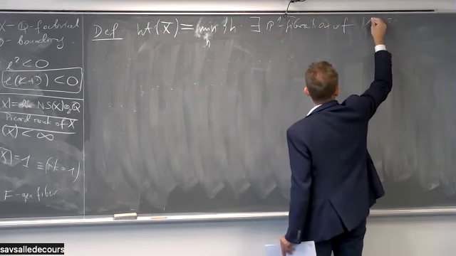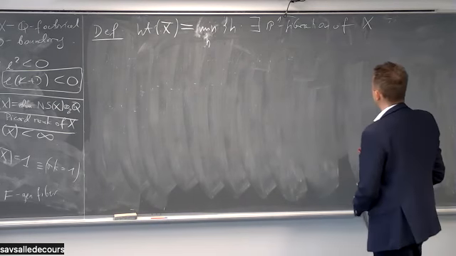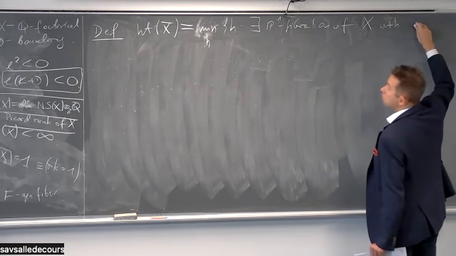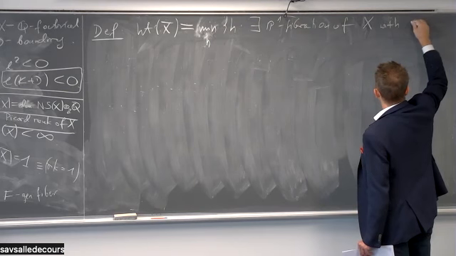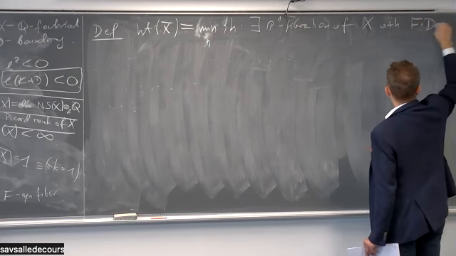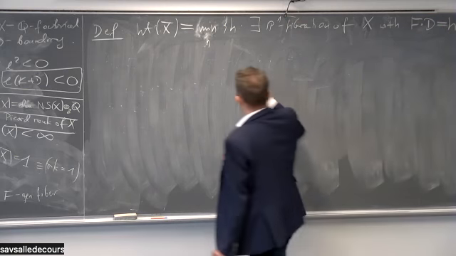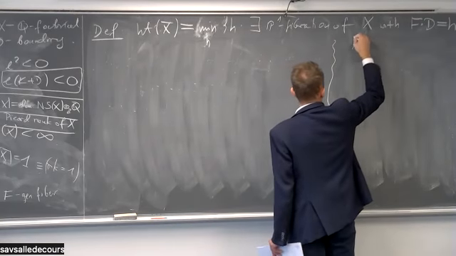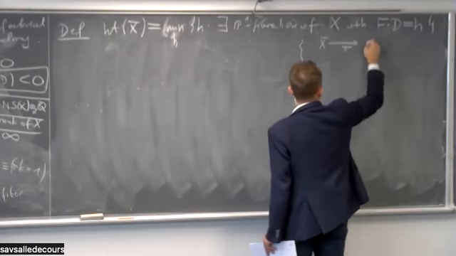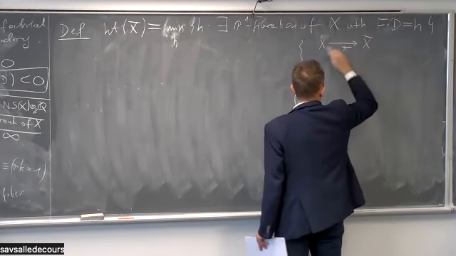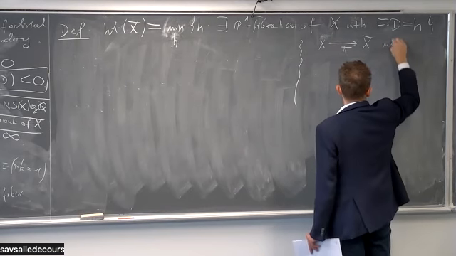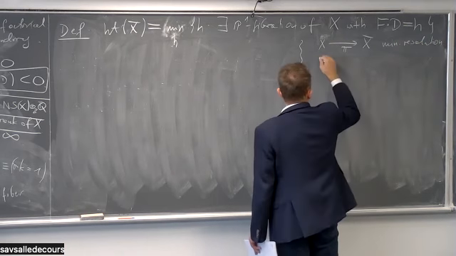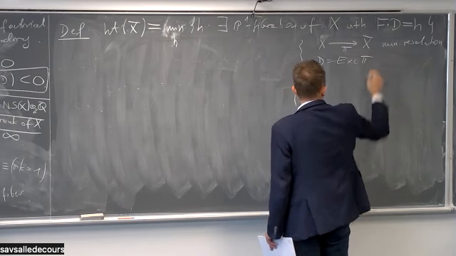Note that I'm using the minimal resolution, not the surface itself, with F times D equal to H, where as before, let me remind the notation, X bar to X is the minimal resolution, and D is the exceptional divisor.